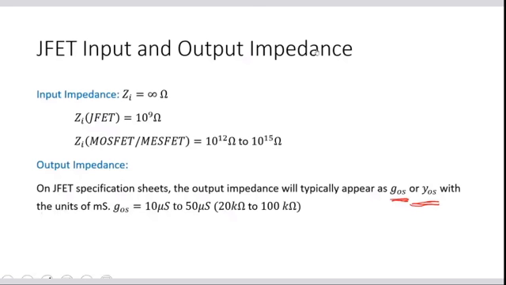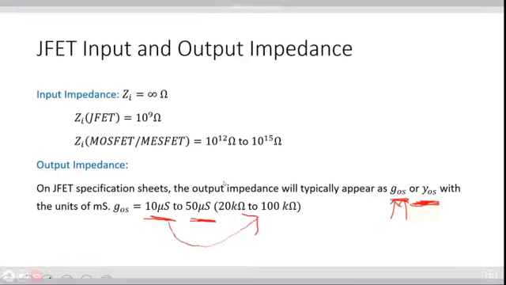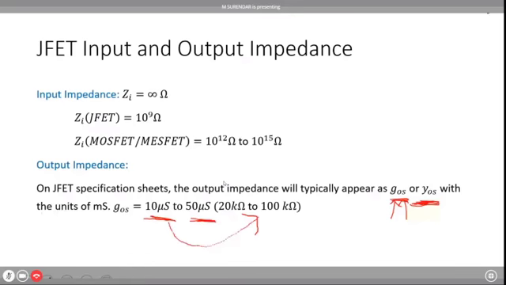Output source conductance, where Y means the admittance. This GOS value typically varies from 10 microsiemens to 50 microsiemens, and when I convert this to equivalent output impedance, it will be 20 kilo ohms to 100 kilo ohms.